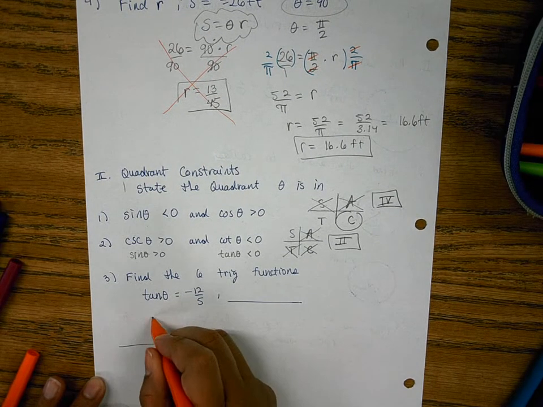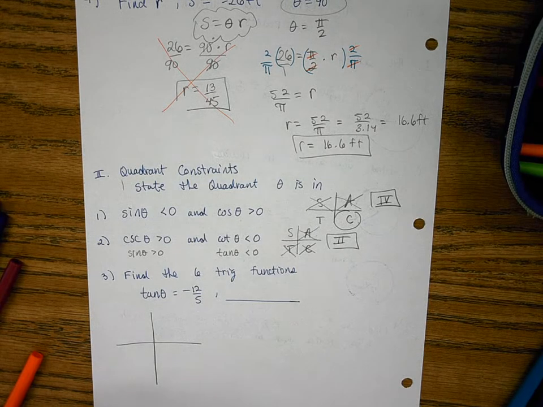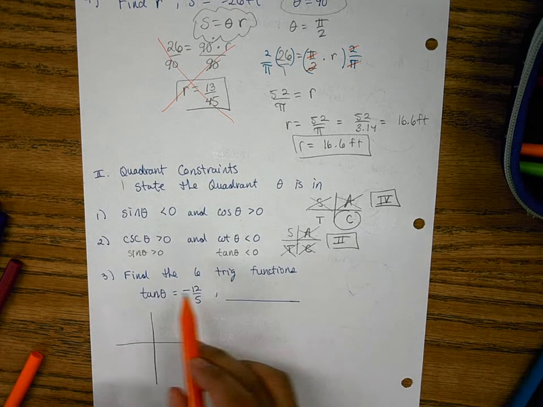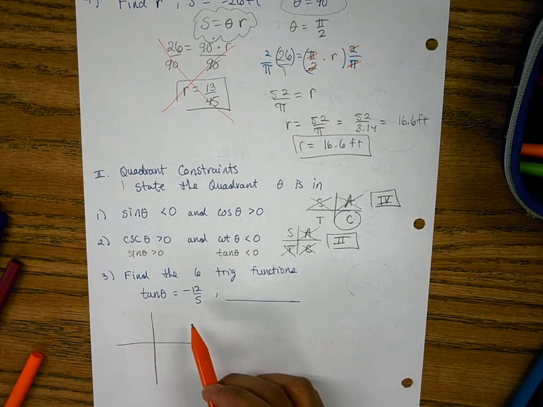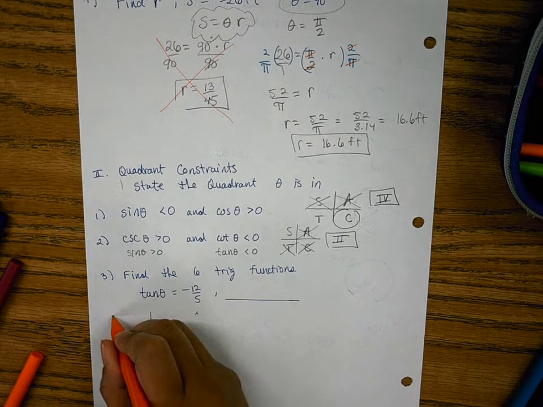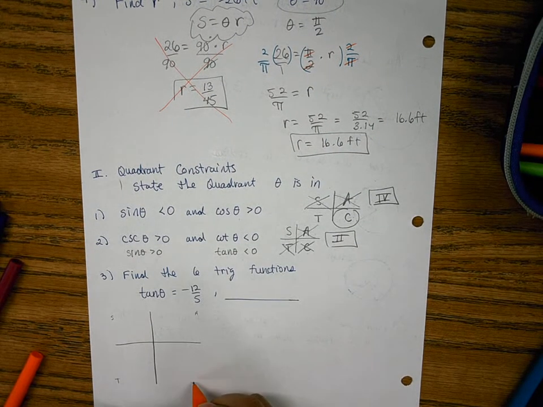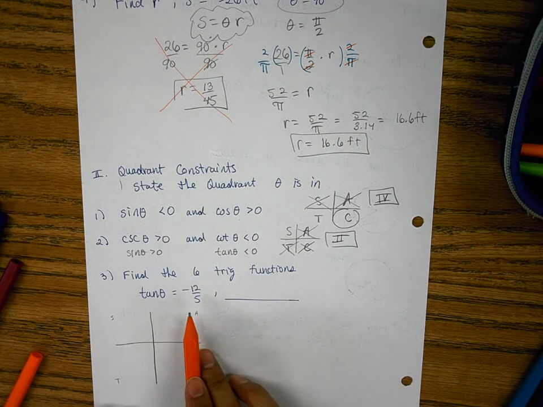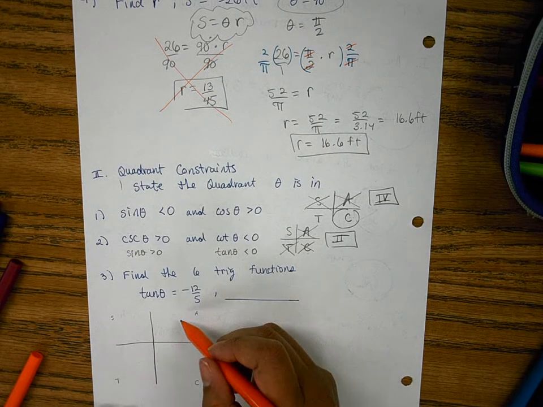All right, so let's sketch and see again why we need that second piece. So here's our X and Y axis. I haven't graphed this piece yet. Tan of theta is -12/5. All students take calculus.